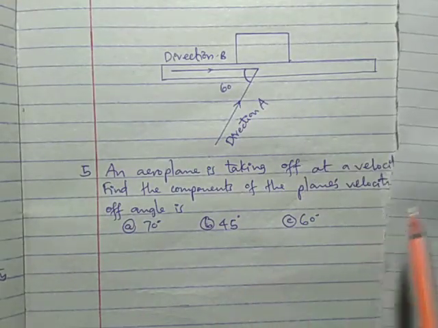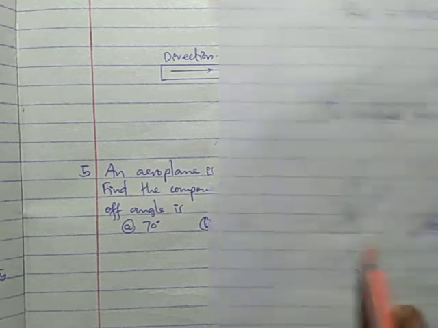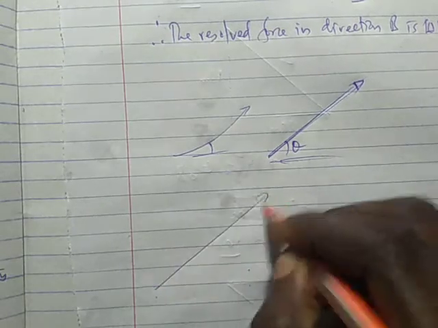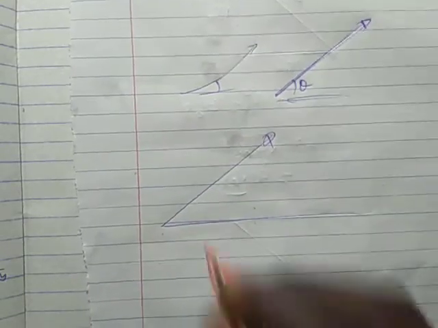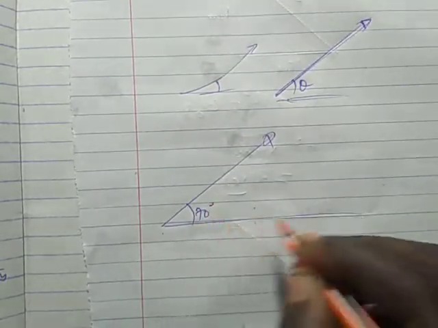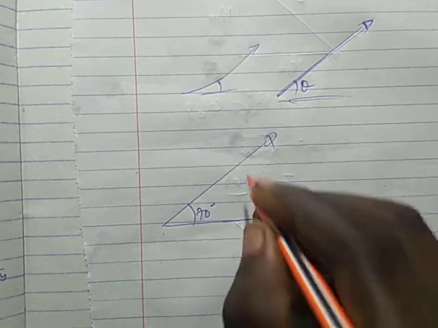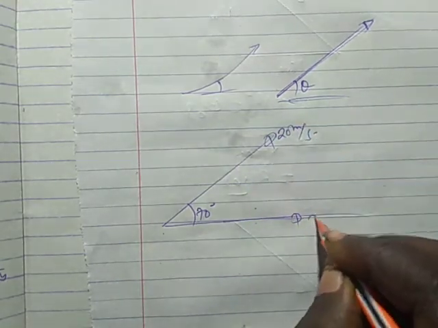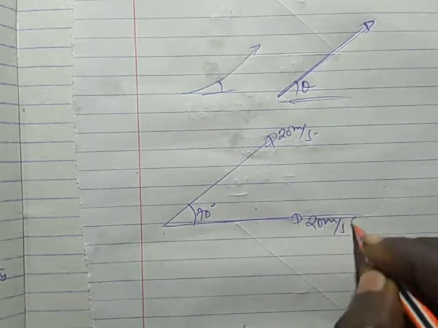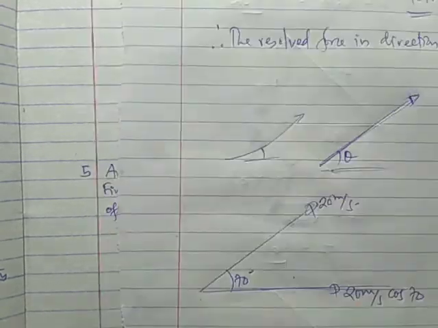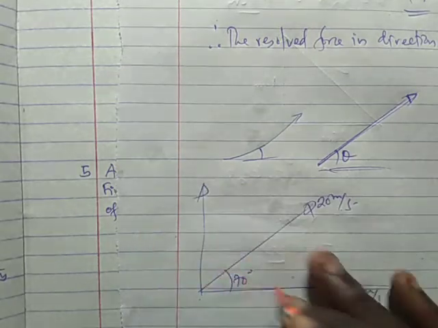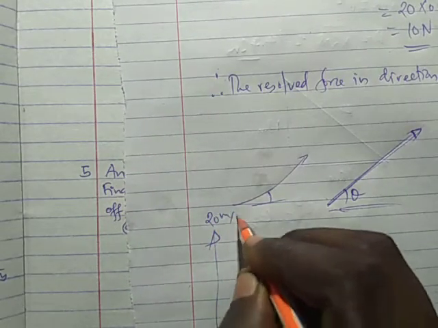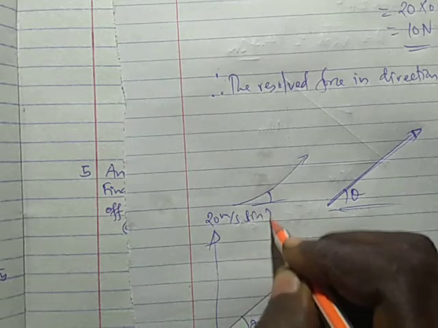So given the plane's velocity is 20 meters per second, for example kama tutakuwa na 70, maana yake tukiwa na 70 hapa tutaresolve kwenda kwenye vertical 20 meters per second, so it will be 20 meters per second cosine of 70, and kwenye hiyo hapo itakuwa ni 20 meters per second sine of 70.